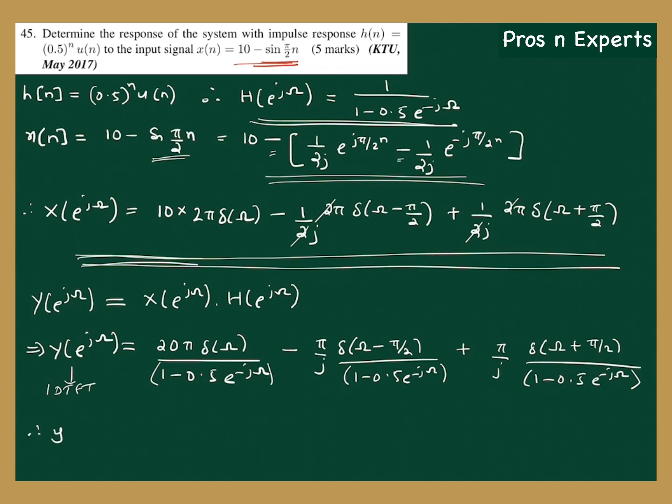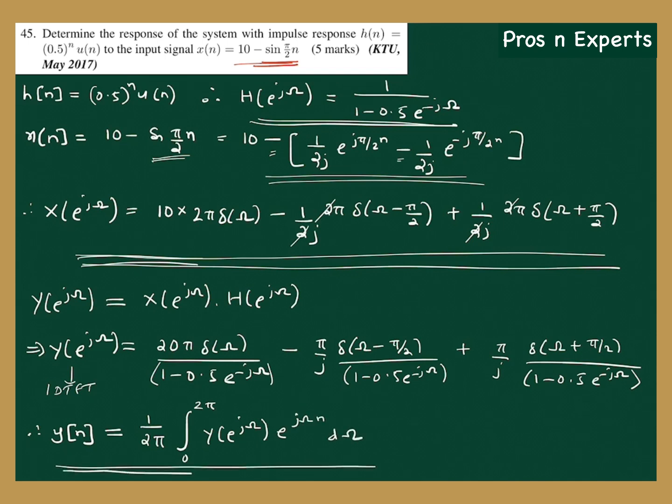Therefore, from the equation of DTFT, y of n is equal to 1 by 2 pi integral over 0 to 2 pi Y of e raised to j omega into e raised to j omega n d omega.